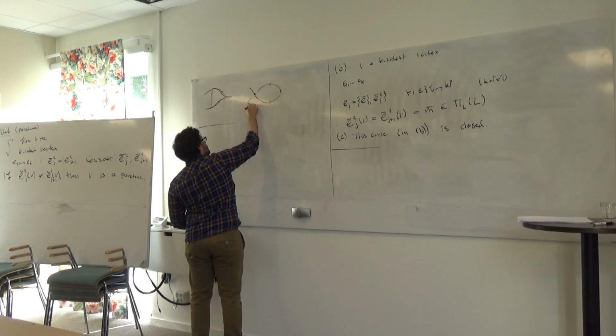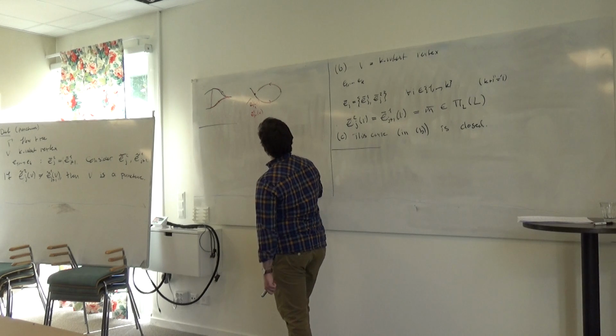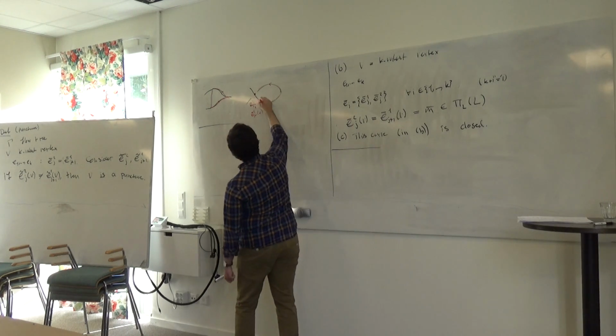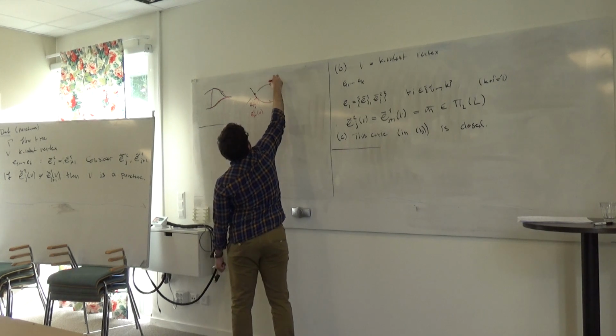And this is E2 J equals E1 J plus 1. So this is E2 J, and this is E1 J plus 1.